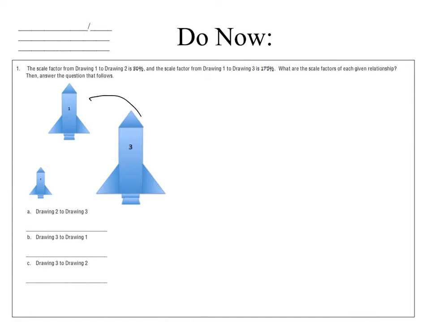So from drawing 1 to drawing 2, it's 30%, and from drawing 1 to drawing 3, it's 175%. So what are the scales given for each relationship? We're going from drawing 2 to drawing 3, so that means we need to find values for that.